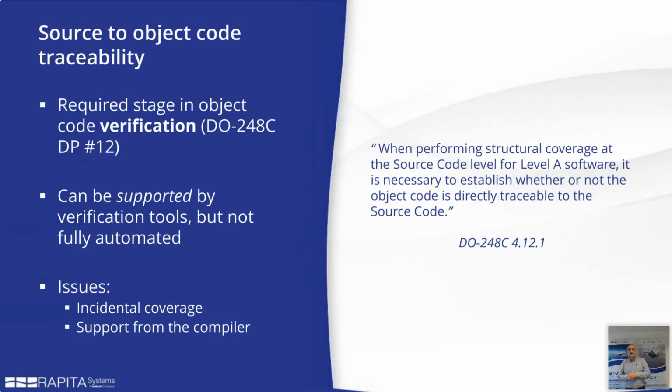So the issue number one is that you cannot trust by default that mapping. That mapping depends a lot on the compiler optimizations. This is why most people have very low compiler optimizations, but we see more and more people, for performance requirements, increasing the level of compiler optimization. And also, it hides the potential issue we mentioned before of incidental coverage, that you perform object code coverage and you just happen to hit a piece of code added by the compiler, but you just don't know which one it is.